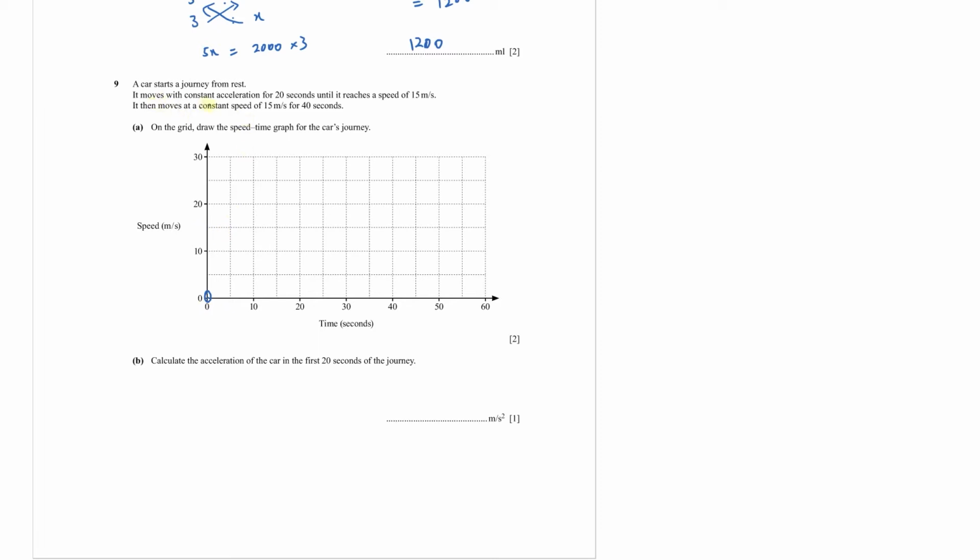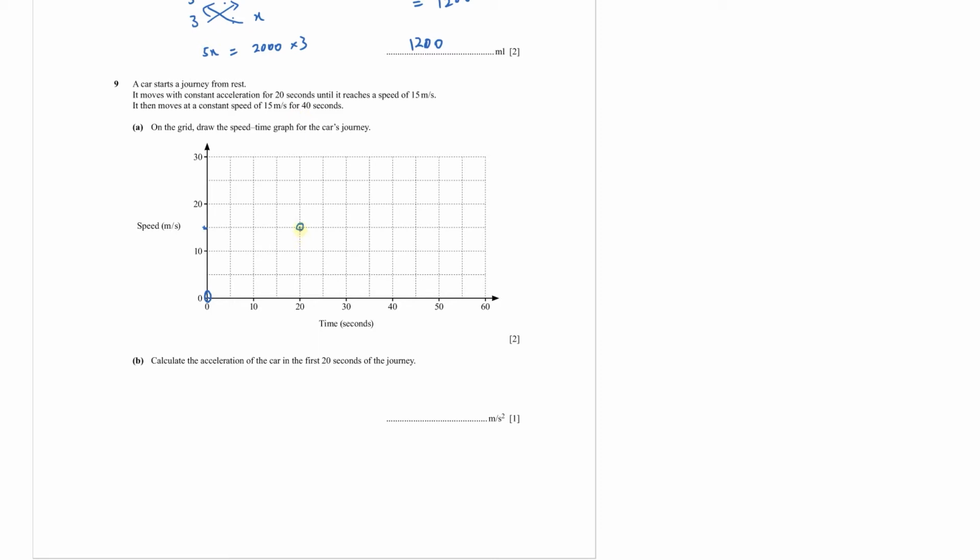And then it moves with constant acceleration for 20 seconds until it reaches a speed of 15 meters per second. So for 20 seconds, it accelerates until it reaches 15. So this is your 15 here. And it reaches the speed after 20 seconds. So this will be your second point on the graph, because after 20 seconds, your speed is 15 meters per second. And then it moves at a constant speed of 15 meters per second for 40 seconds.